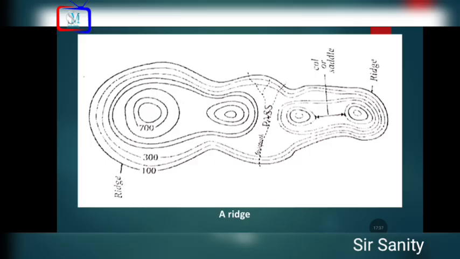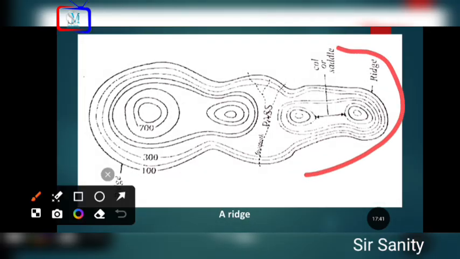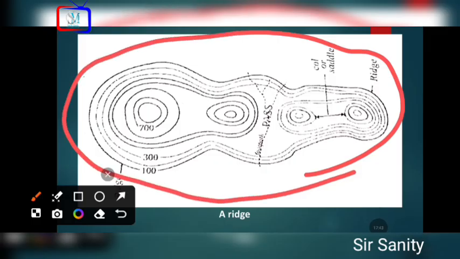So this is also an image of a ridge, as you could see. We have the highlands here and here. Here is the col.